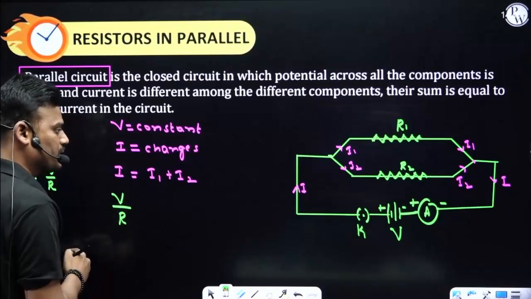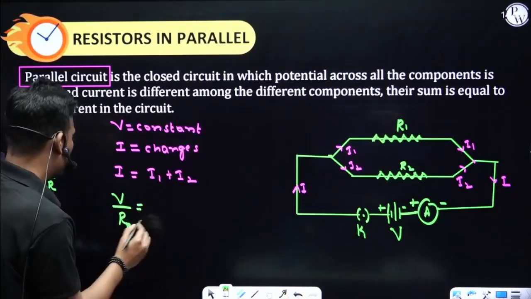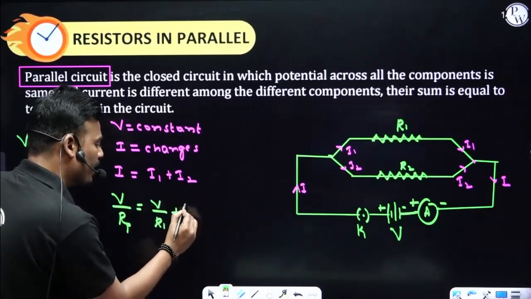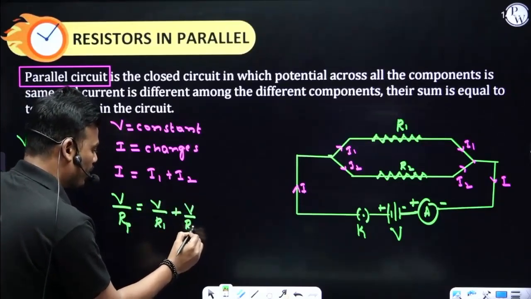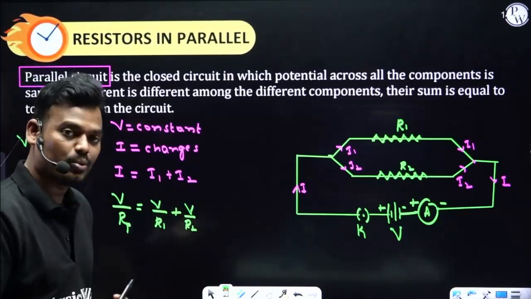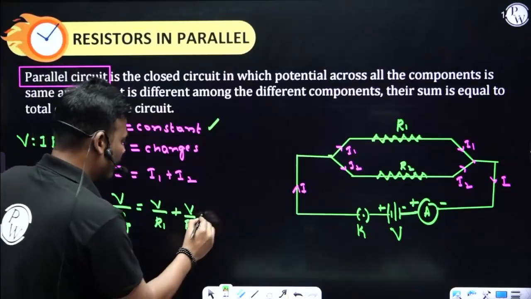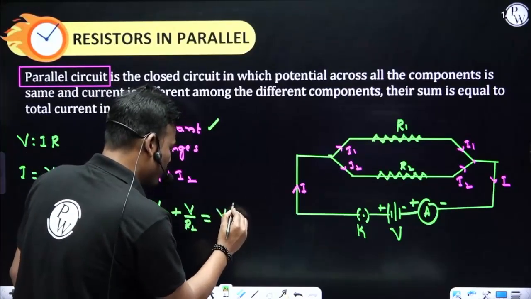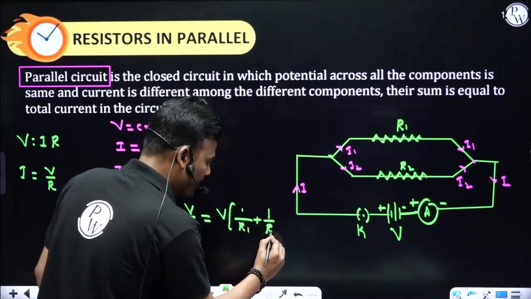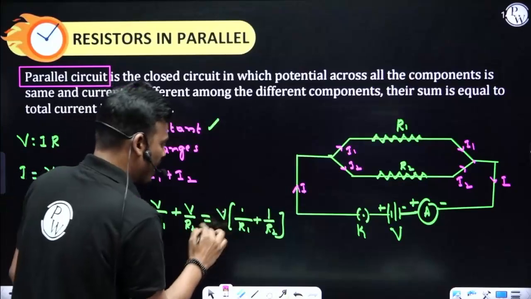Total resistor, in terms of a parallel combination, Rp, equals I1, which can be written as V divided by R1 plus V divided by R2. Why V? Why not V1 and V2? Because V is a constant. Potential difference is constant. And V taken out as a constant, 1 divided by R1 plus 1 divided by R2. Okay. So here V and V get cancelled.